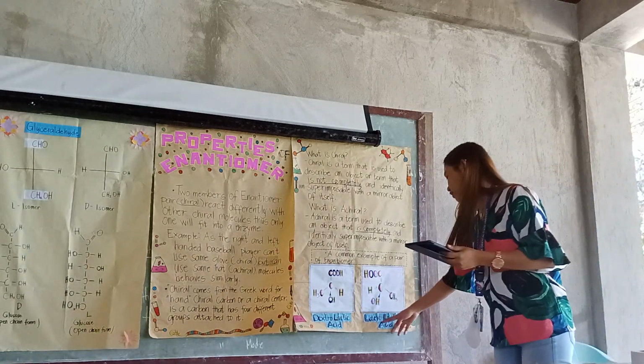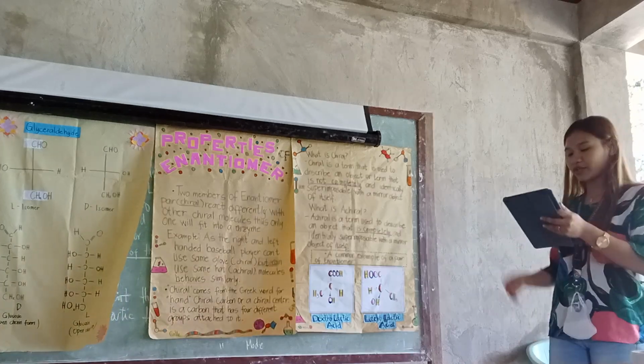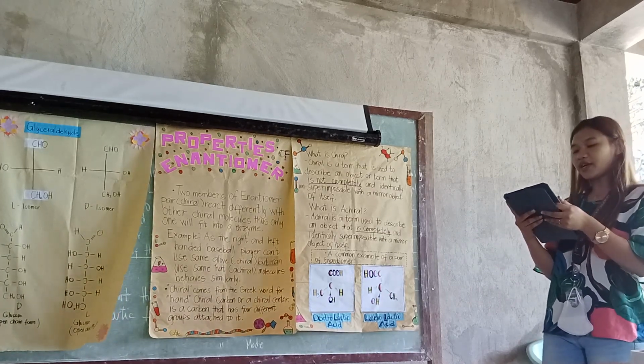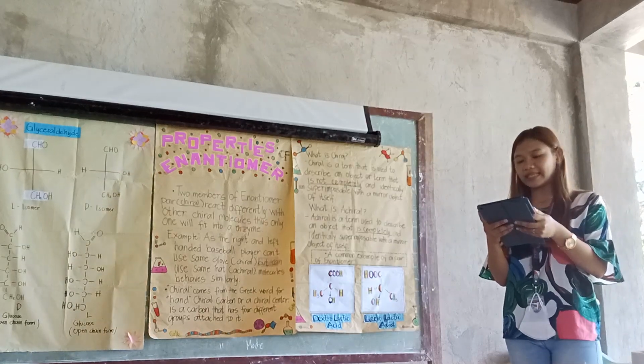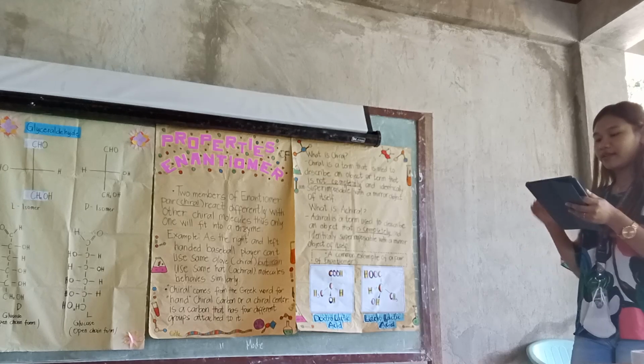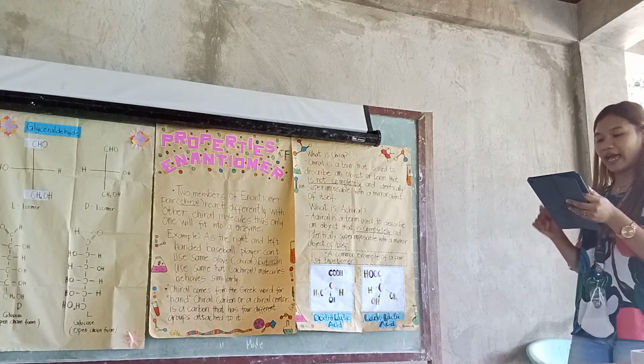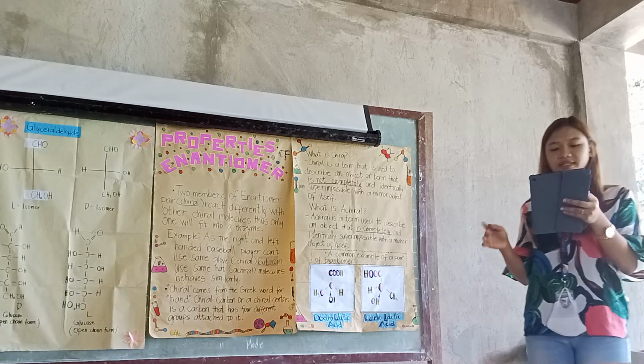Then sa levolactic acid, mag-rotate siya sa left, which is counterclockwise. So dextro compound rotates the plane polarized light to the right. So that would be the one compound, and then its enantiomer would rotate the plane polarized light to the left. Enantiomer has the opposite.